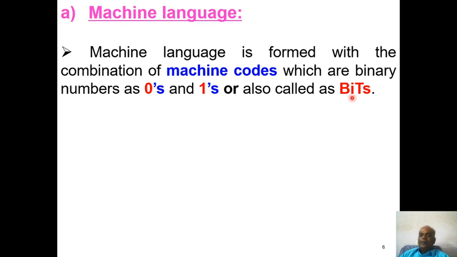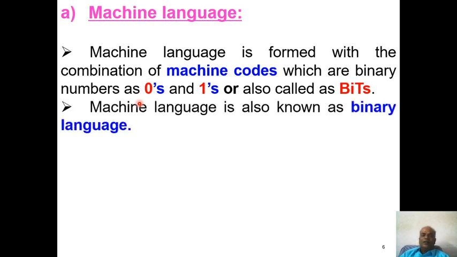BI is nothing but binary, T is nothing but digit, the last T in digit. Binary digit. So machine language is formed with the combination of machine codes, which are binary numbers, either 0 or 1, called bits. Machine language is also known as binary language.